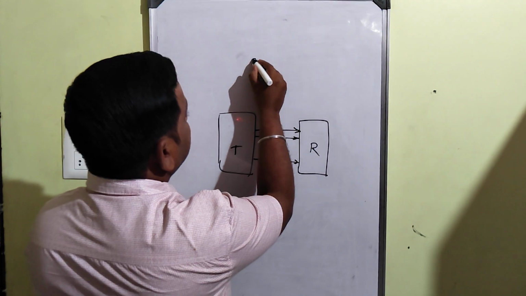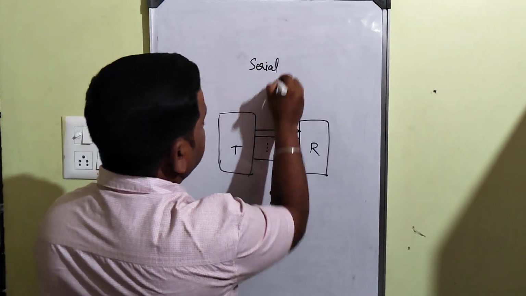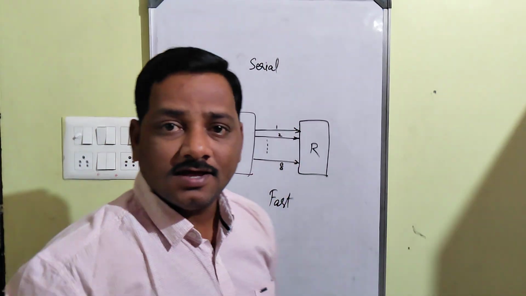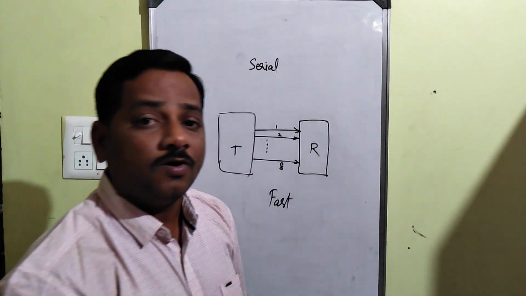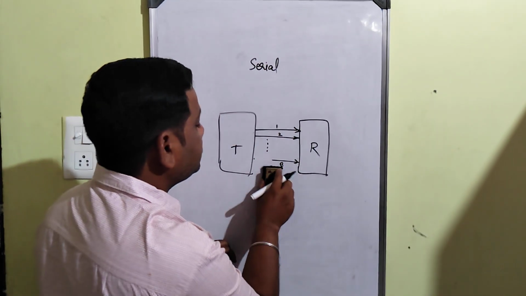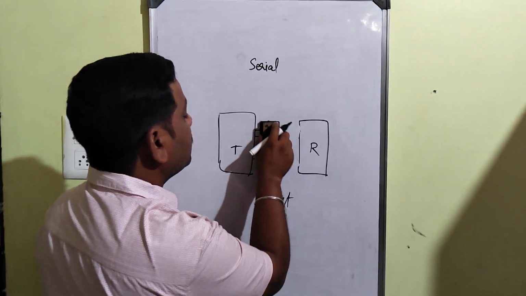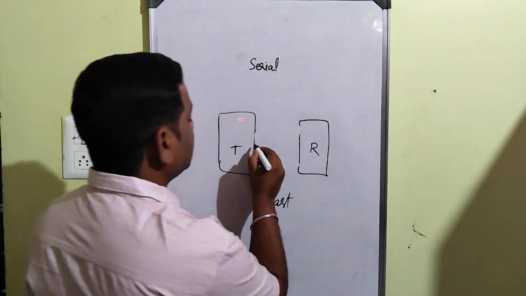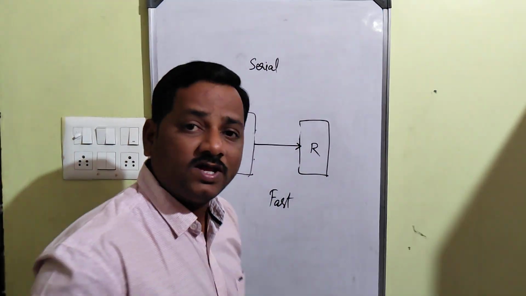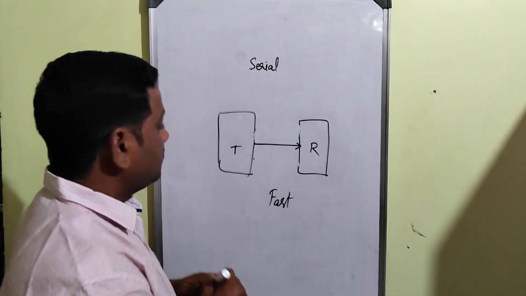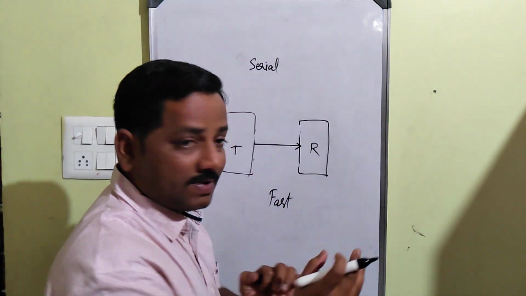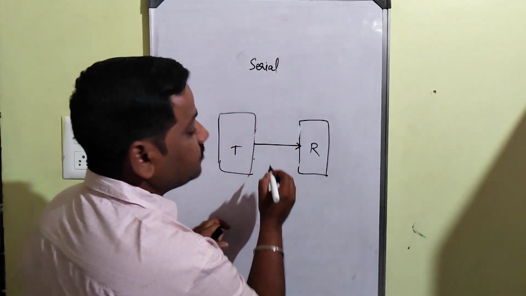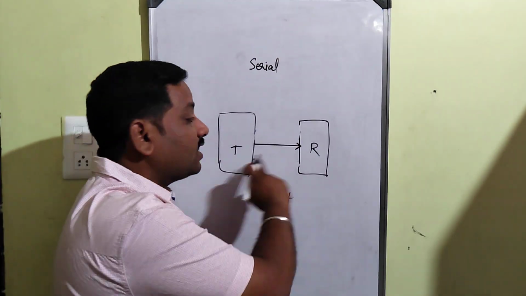In serial communication, we have a transmitter as well as a receiver, but all the 8-bit data will be transferred using only one single transmission line. So one wire is enough to transmit the 8-bit data. The difference between parallel and serial is that we are going to transfer all 8 bits through one line.